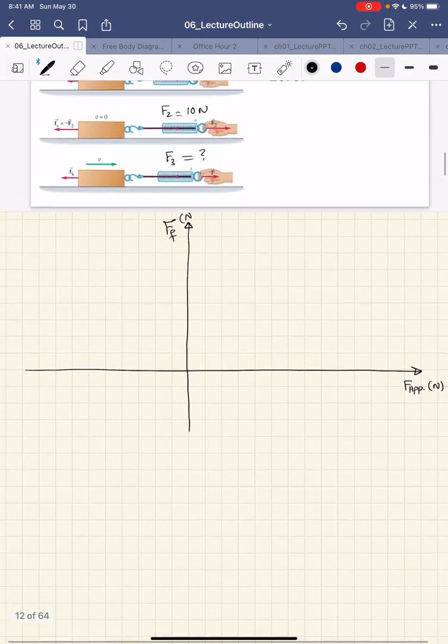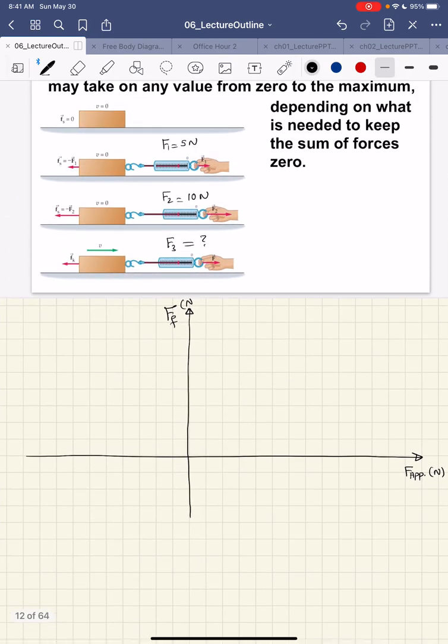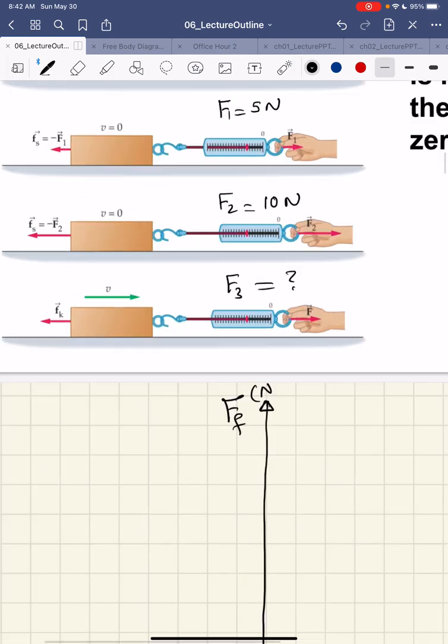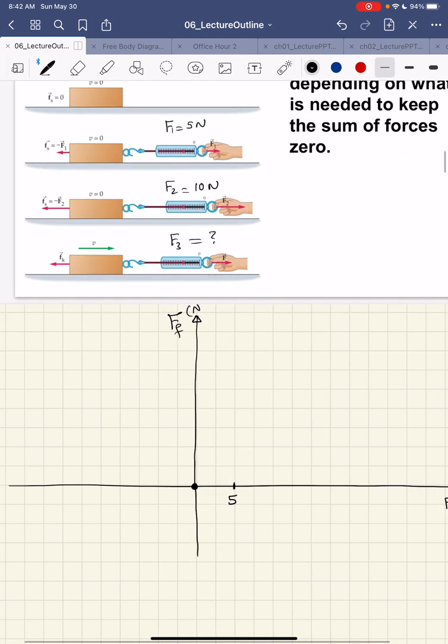In the first situation, my applied force was 0, then the force of friction was 0. Now for the second value, which is 5 newtons, I know that my object did not move, v equals 0, then the force of static friction is negative F1, and the magnitude is going to be 5.